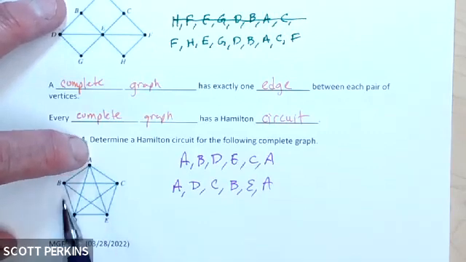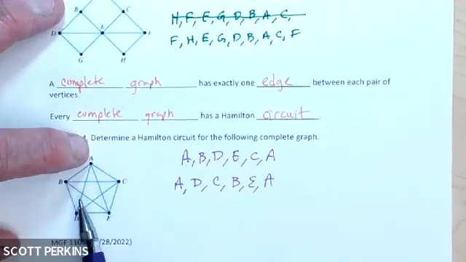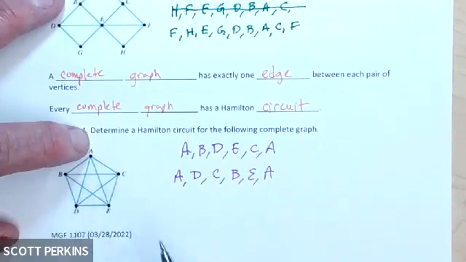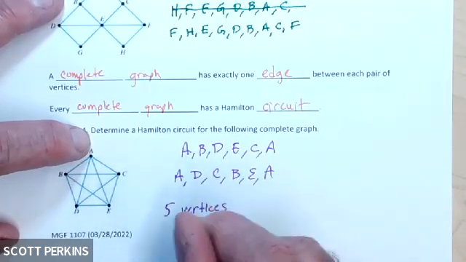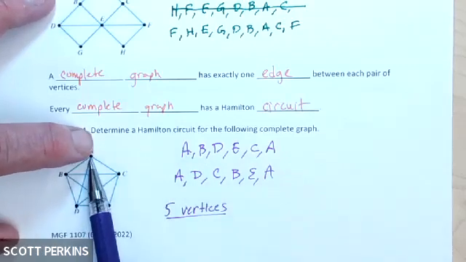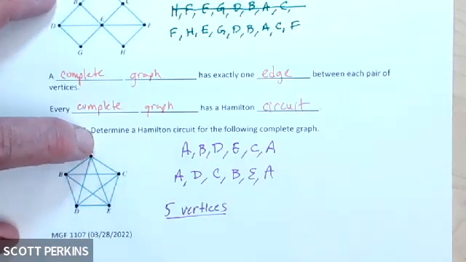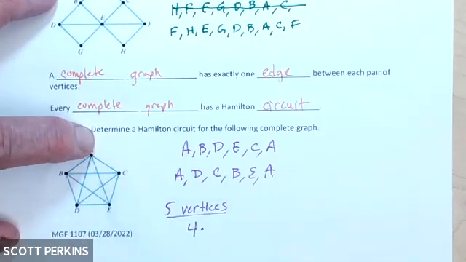If I'm at vertex A, first off, how many vertices does this figure have? It has 5. If I'm at vertex A, how many choices do I have of places to go? I can go to B, D, F, or C. So I have 4 choices there.